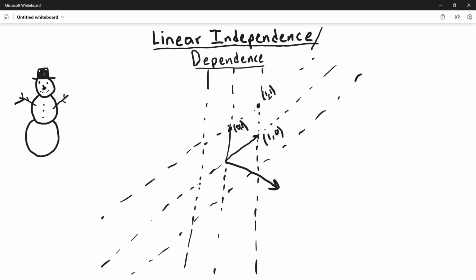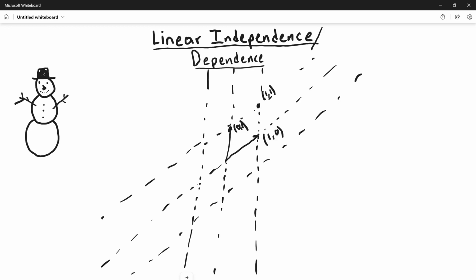Because we could also get rid of this vector and have these 2 vectors here create our coordinate system instead. Or alternatively, we could get rid of this vector and base our coordinate system off of these 2 vectors. So it's all about redundancy, like what contributes to the span of a vector set.